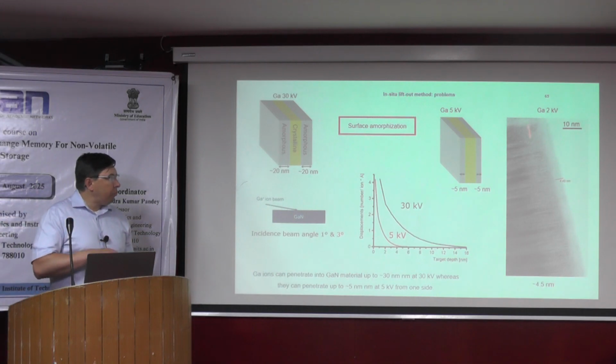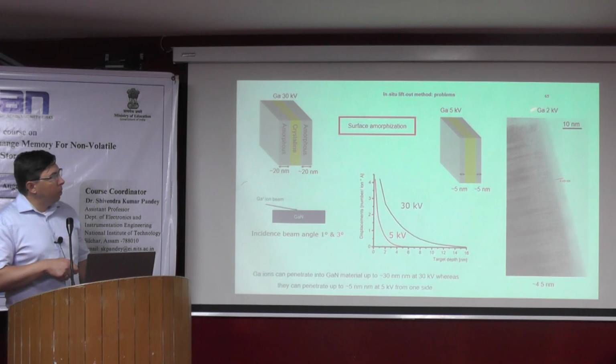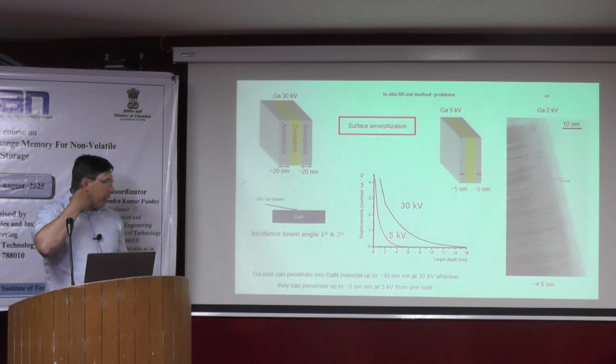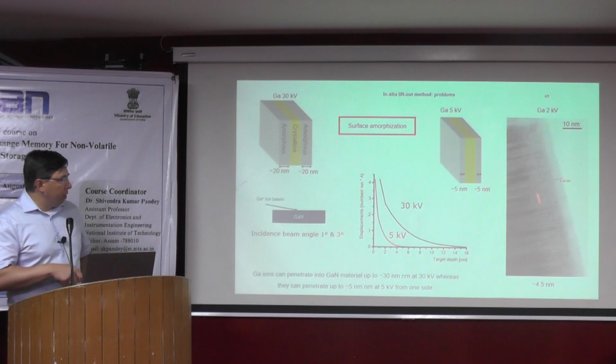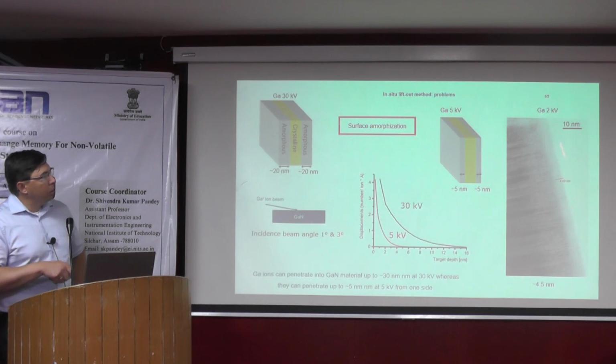Here, using a gallium beam with 2 kiloelectron volts, we can confirm that this layer is on average about 5 nanometers, although the energy was less than 5 kiloelectron volts. So there are some discrepancies in the simulation, but you see this problem still exists on the sample.